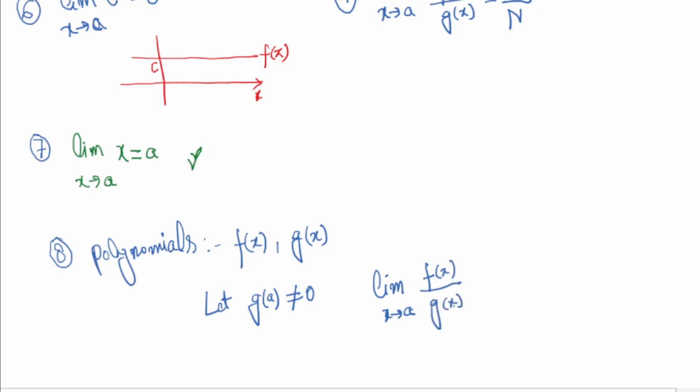If these are polynomial functions and we put x equal to a, then we get f(a) upon g(a), provided g(a) is not equal to 0. This is what the property is.